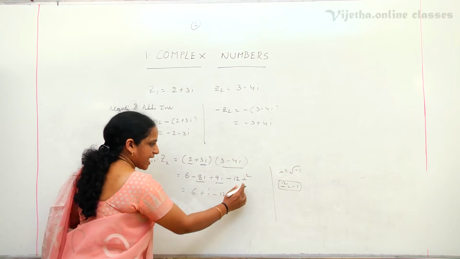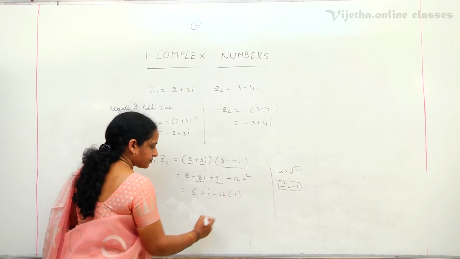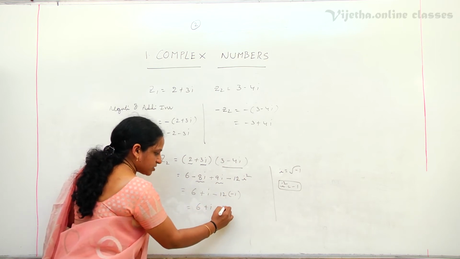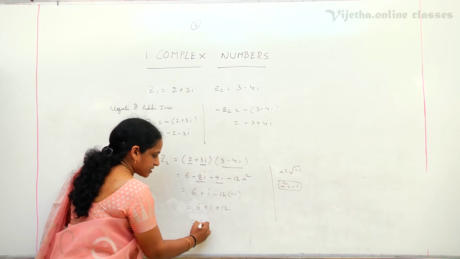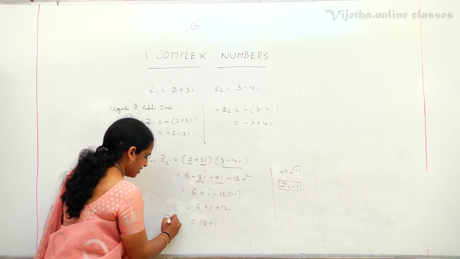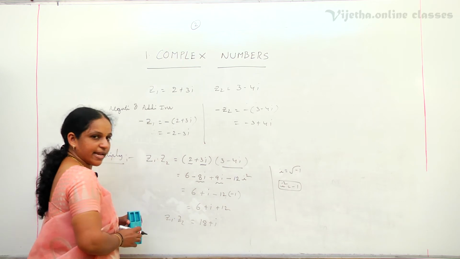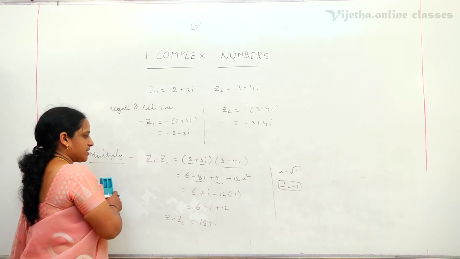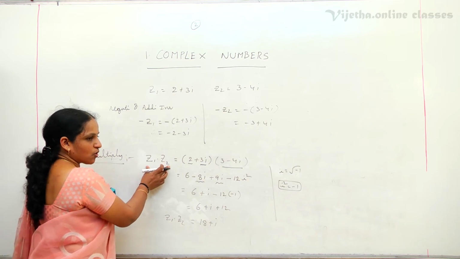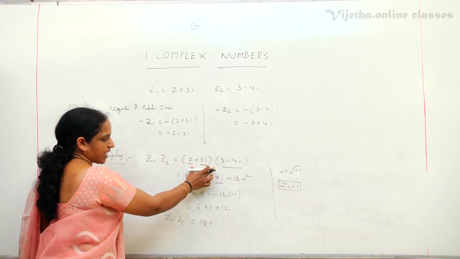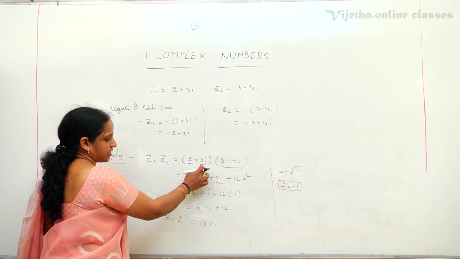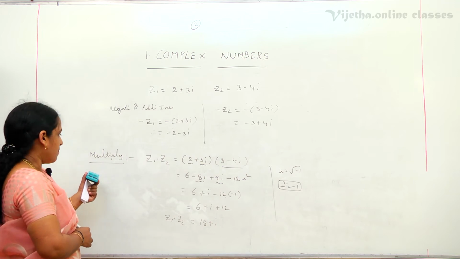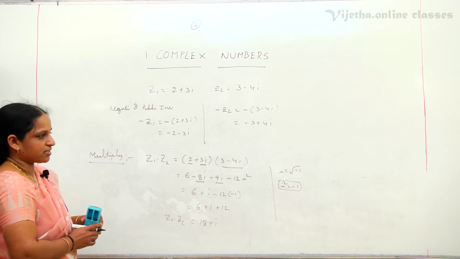Minus 12 into i square, which equals minus 1, so that equals 6 plus i, minus of minus, plus 12. That is 12 plus 6, 18. 18 plus i. So Z1 into Z2 equals 18 plus i. Multiplication means product of two complex numbers. First multiply with 2, after that with 3i. Here i square equals minus 1.